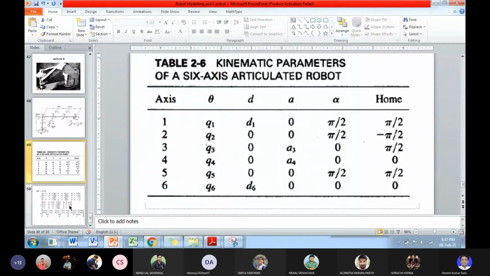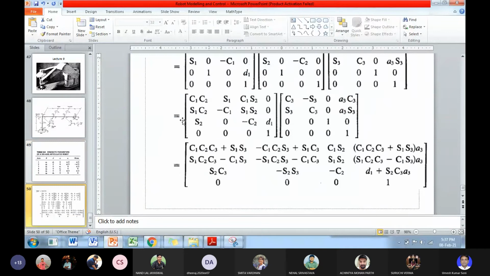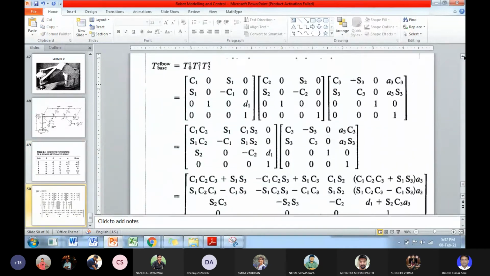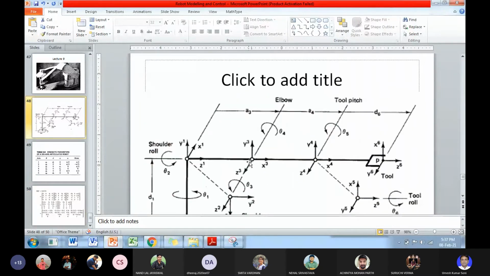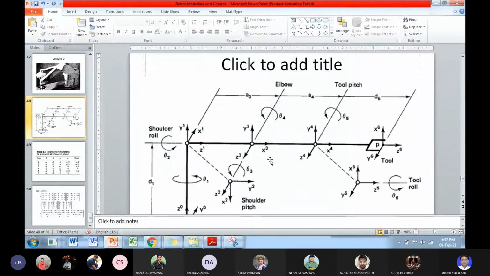Now when you transform this, first we will do the transformation of elbow relative to base. What is the elbow? Here elbow is this. So we are taking first the coordinate transformation from this to this axis, and then this to this axis. Here x3, y3 and z3 coordinate frame will be transformed to x2, y2, z2 coordinate frame.